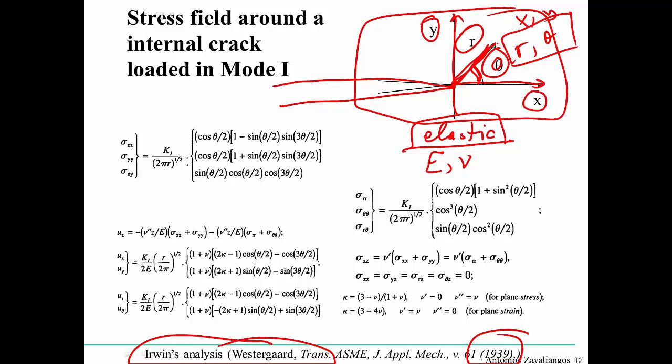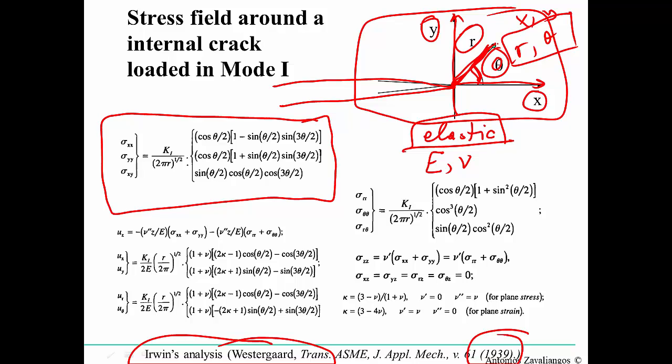So, the solution of this problem has this form, and these are the three stresses that exist in this problem.